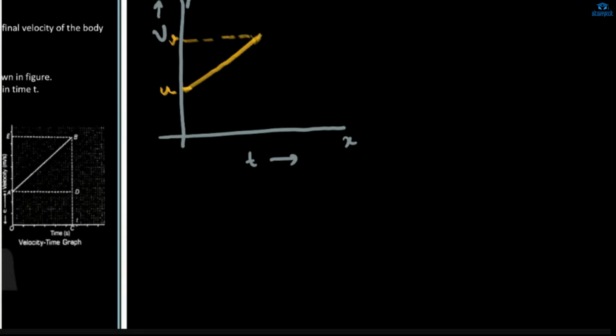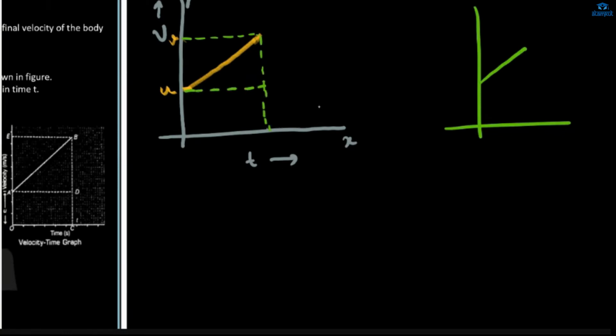This is your graph. Now we only need to join the points, so your graph is this. Now we need to join to the y-axis and x-axis. We'll join like this, and one more like this.